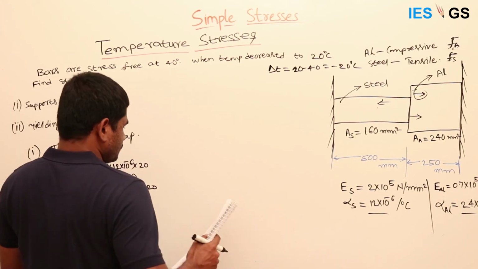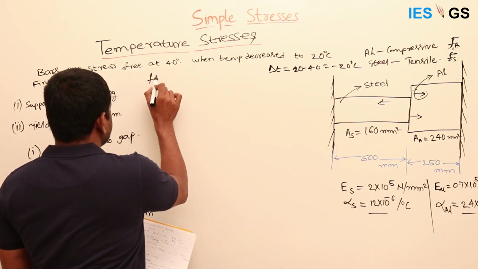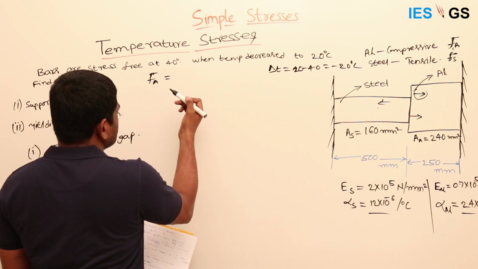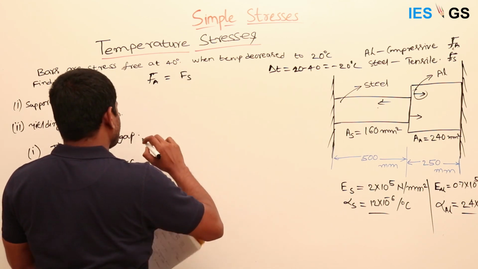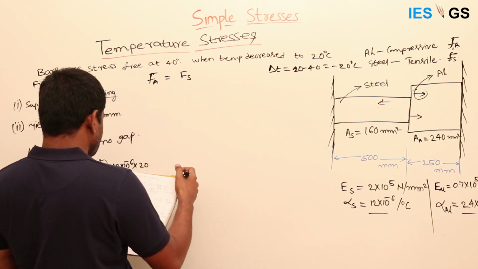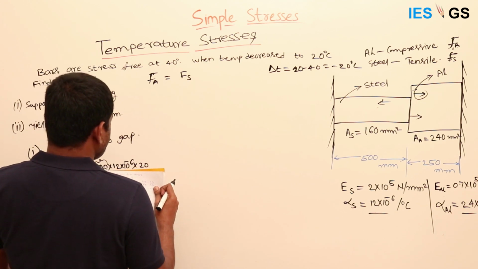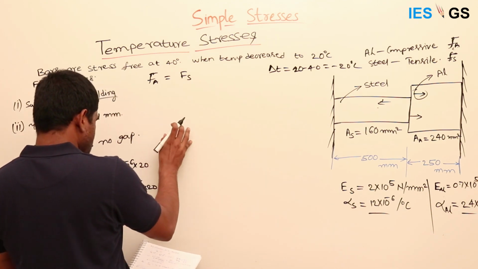Now we know FA equals Fs, and the elongation due to the forces equals, we know the formula from the theory. What is that?